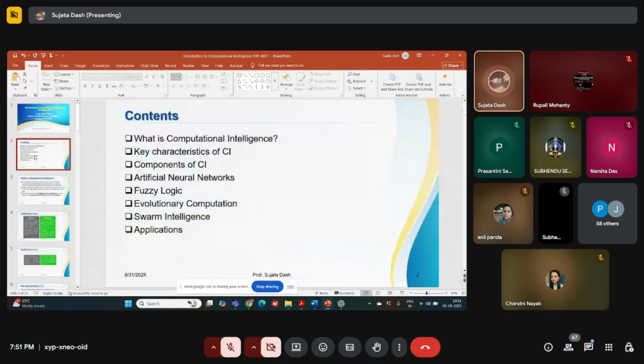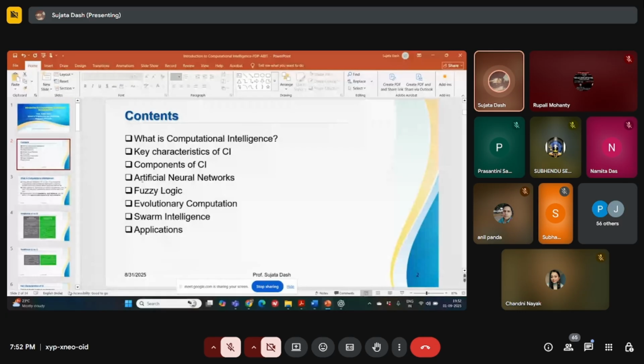And the outline of my lecture is I will start with a small introduction. What is computational intelligence? Then we'll explain some key characteristics of computational intelligence. Then I will come to the components of CI.